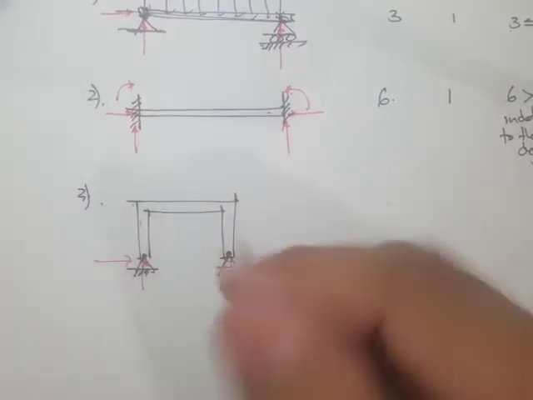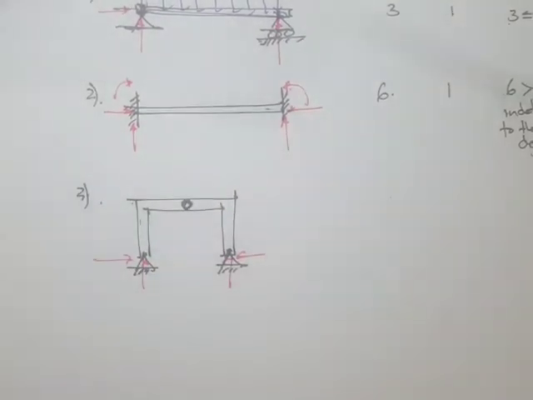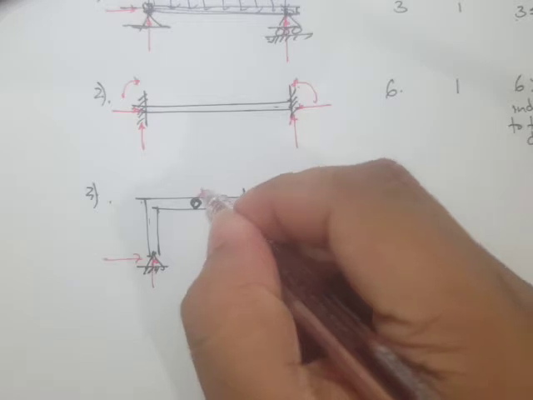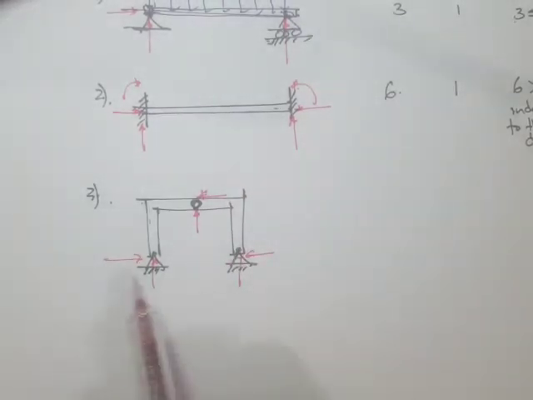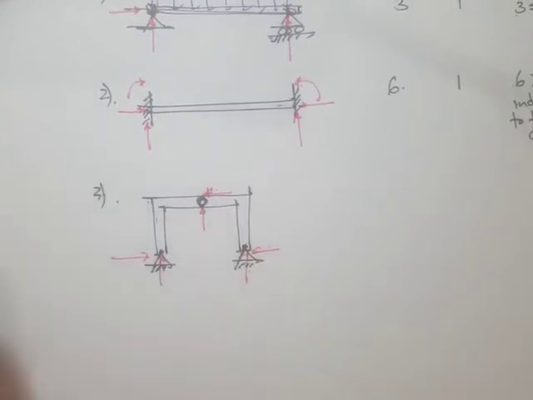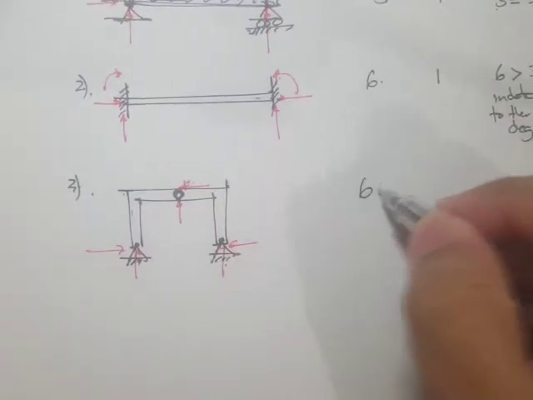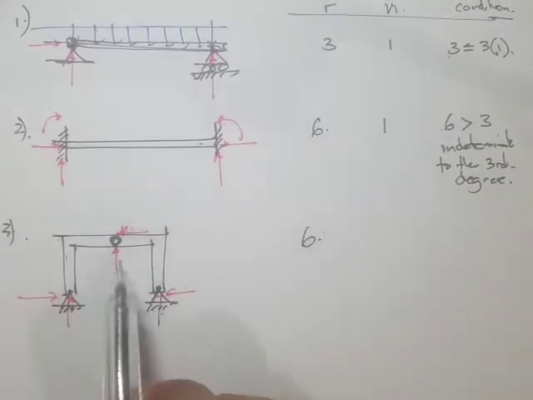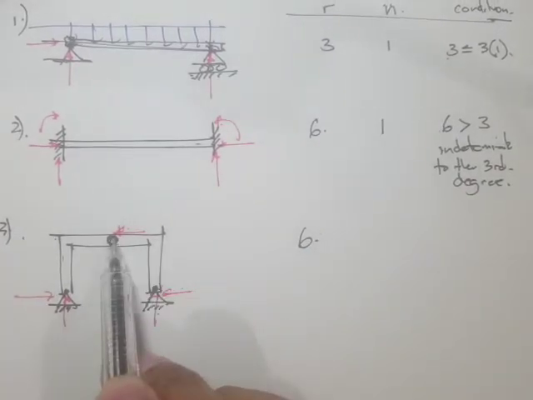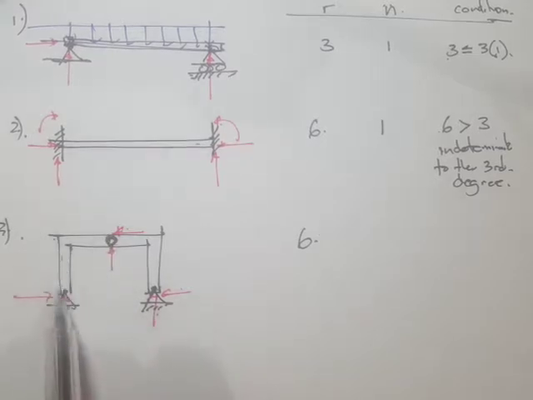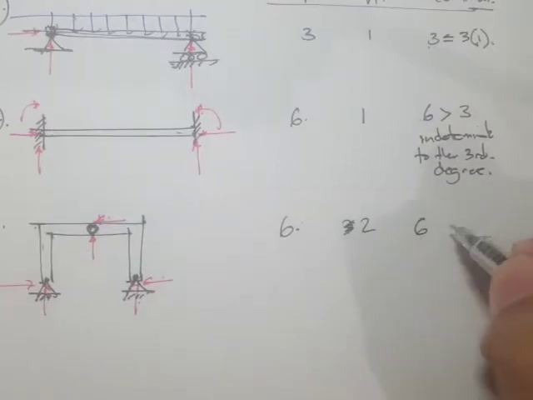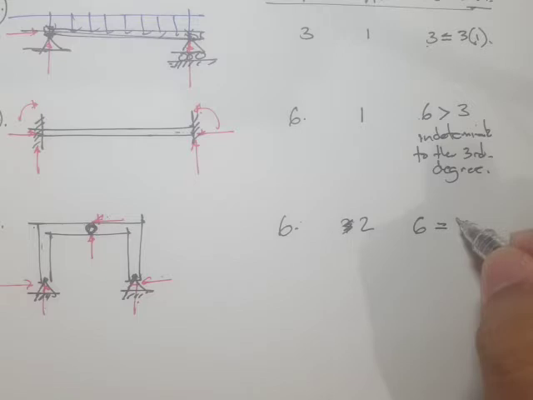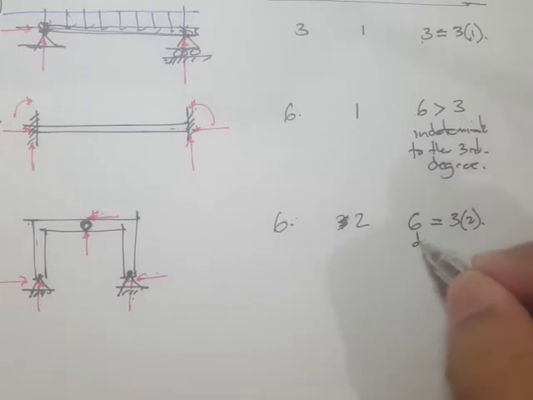But if I put an internal hinge right here, there's going to exist other reactions. So in total we have 1, 2, 3, 4, 5, 6, so we have 6 reactions. For the number of members, we have 1 member right here and another member on this side, so we have 2 members. So 6 is equal to 3 times 2, so this becomes determinate.